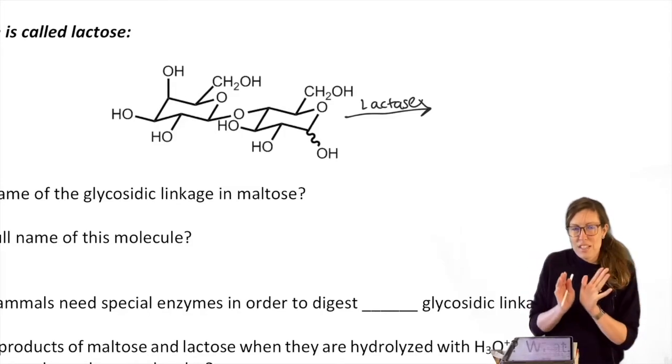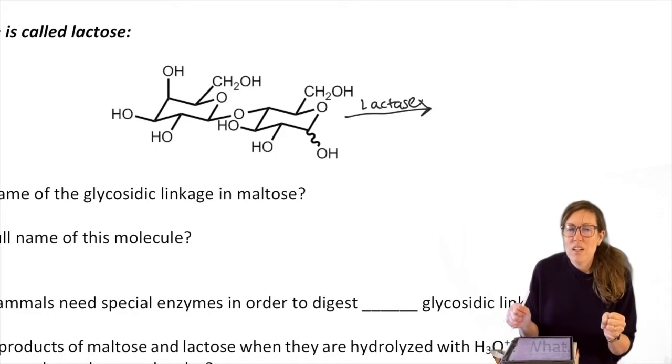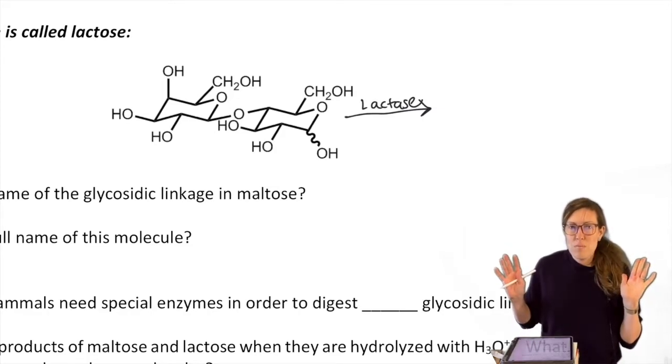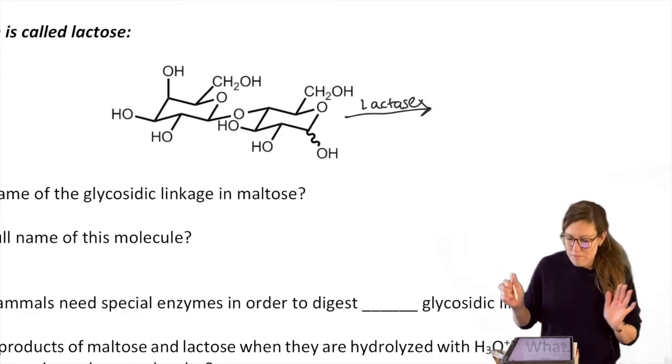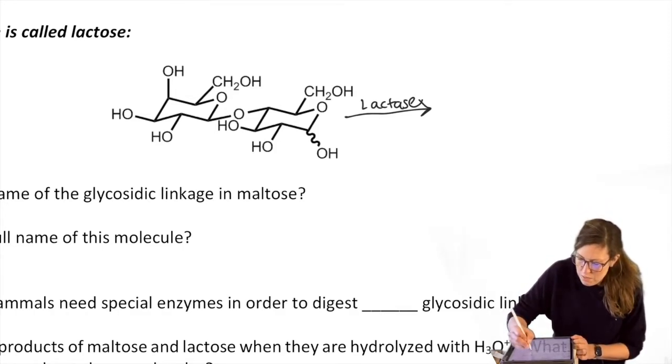You go from a disaccharide to 2 monosaccharides. The 2 monosaccharides are nice and small and easily absorbed into the body from the small intestine. So by the time it gets to the small intestine, if you've got a sufficient amount of lactase present, then you will break down these 2 sugars into their component monosaccharides.